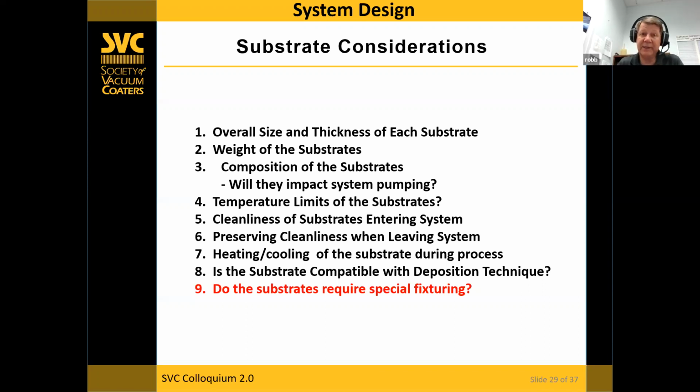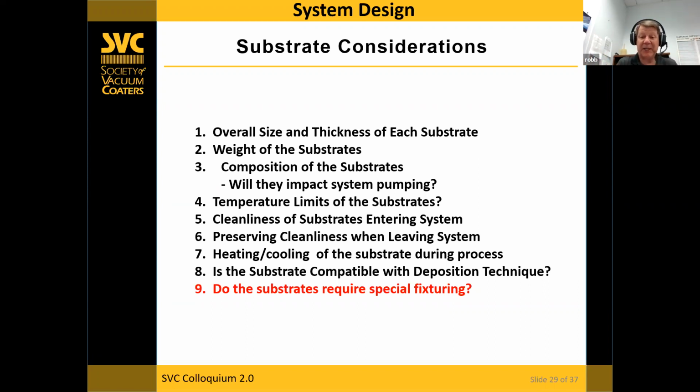I can tell you that I've had people send me substrates to coat, asking, hey, is it possible? I can think of one case in particular where a certain plastic was being used and the person couldn't define the plastic. It's proprietary. I can't tell you what's in the plastic. I need you just to coat it with chromium.